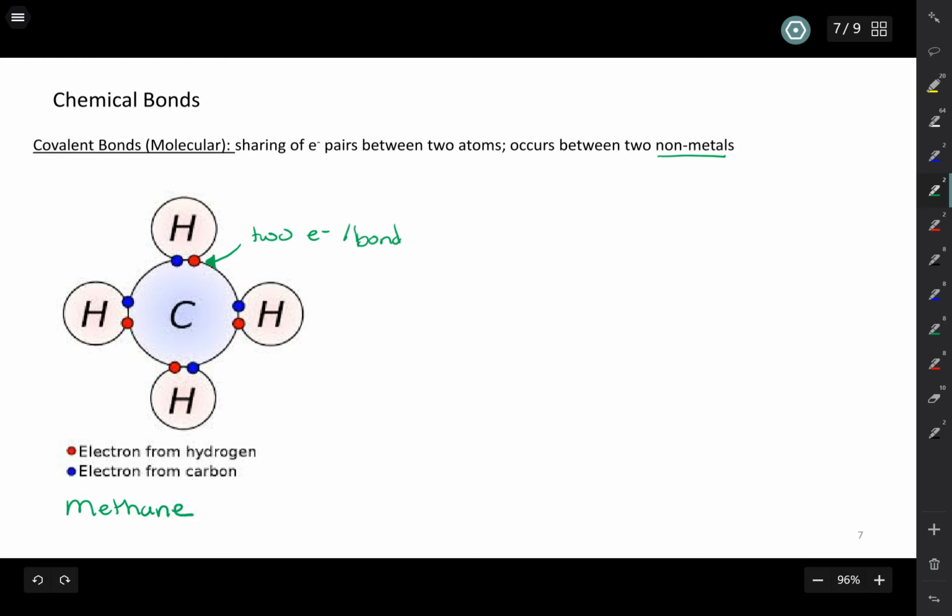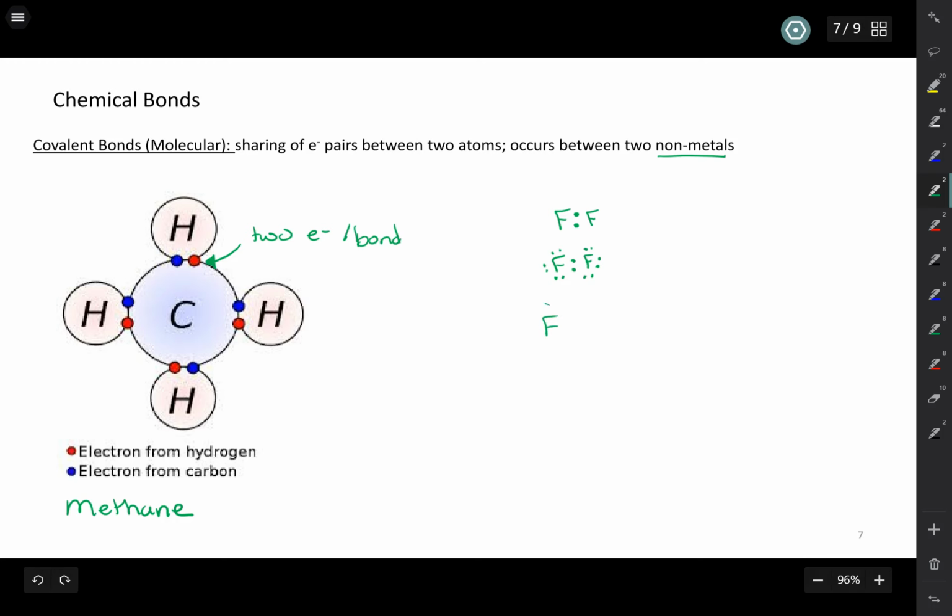You may see covalent bonds drawn like this, where the electrons are represented as circles. You might also see something like this. We'll see fluorine, again, electrons as dots, so you might see that as forming one bond. You might also see something that looks like this, where all of the non-bonding electrons are also represented by dots.